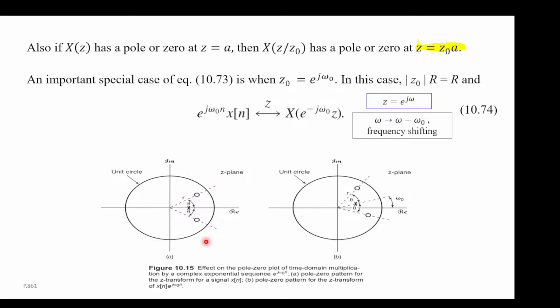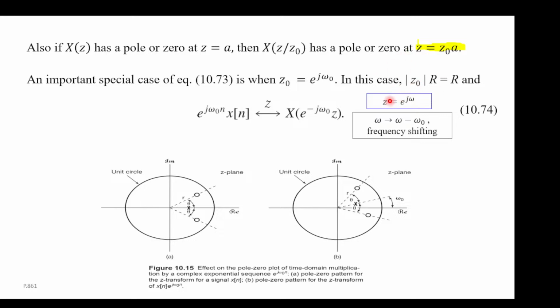So if your big X of z has a zero here, another zero here, and a pole here, then everything gets rotated by omega 0. This zero here gets rotated by omega 0 to here, this pole gets rotated by omega 0 to here, and this zero gets rotated by omega 0 to here.